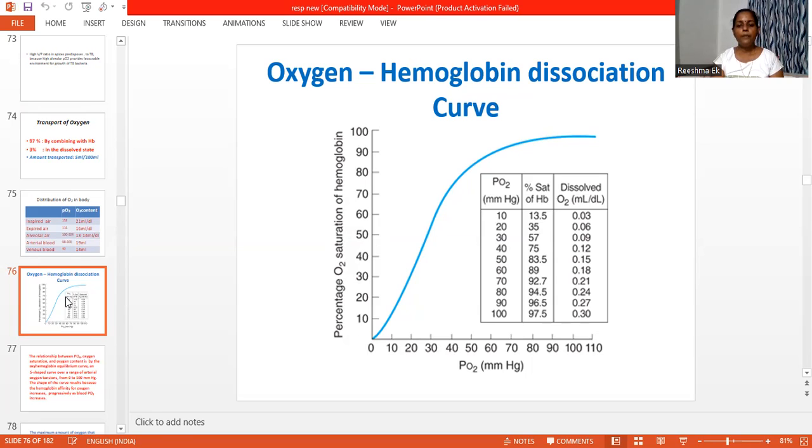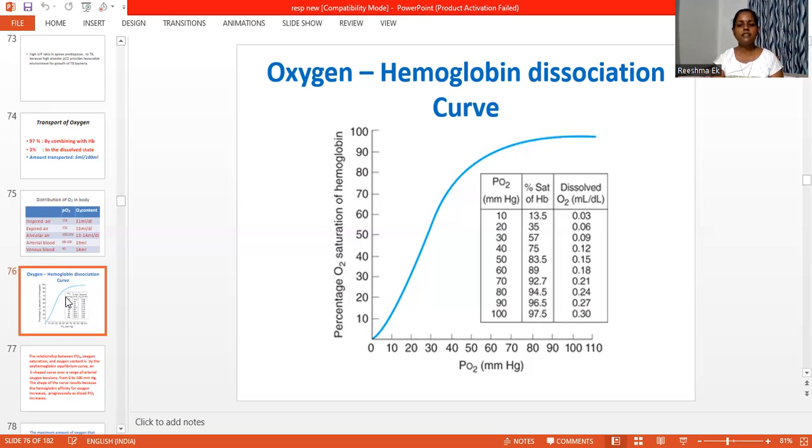And when the PO2 is 70 mmHg, percentage saturation is 92.7% and the dissolved oxygen is 0.21 ml per deciliter. When PO2 is 80, the percentage saturation is 94.5% and the dissolved oxygen is 0.24 ml per deciliter.